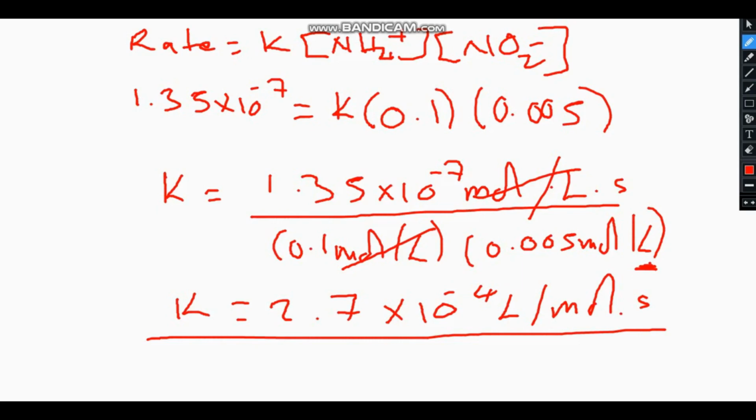In summary, we use the experiments to determine the orders and the overall order. Thereafter, we can use one of the experiments to determine the K value.